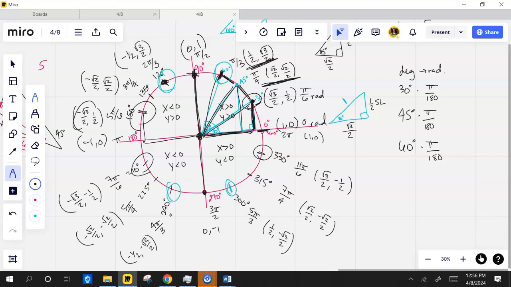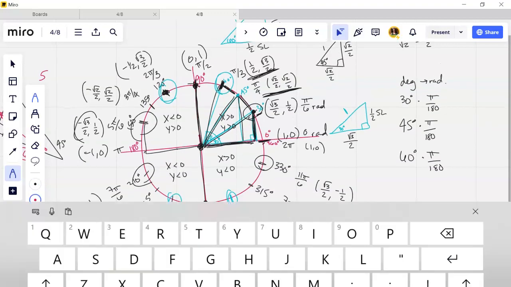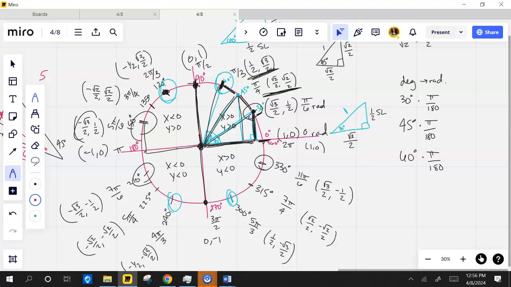I want you to take your calculators just a second and make sure you're in radians just for a minute. So hit mode. Change it to radians real quick. Now, as you go around your unit circle, and this only works on the unit circle, right?